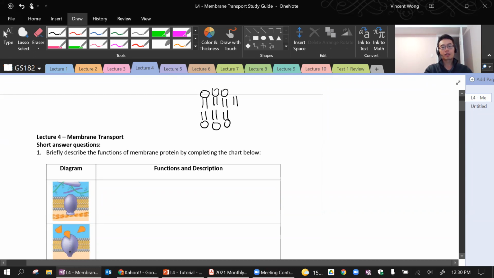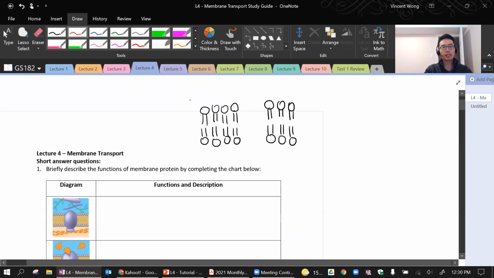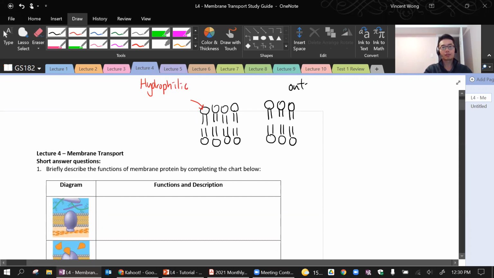A phospholipid is a type of lipid, and it consists of one glycerol, two fatty acids, and one phosphate group. The phosphate group makes up the hydrophilic head, which is shown here. Hydrophilic means it's water loving, so it will be facing the outside of the cell.